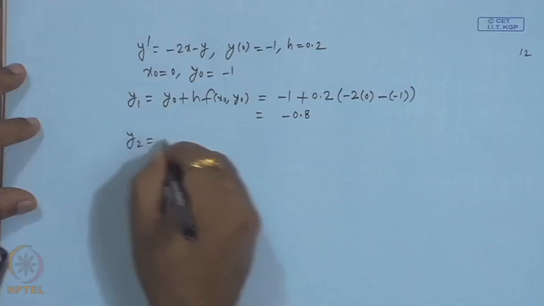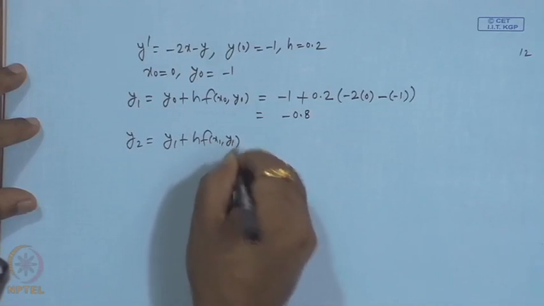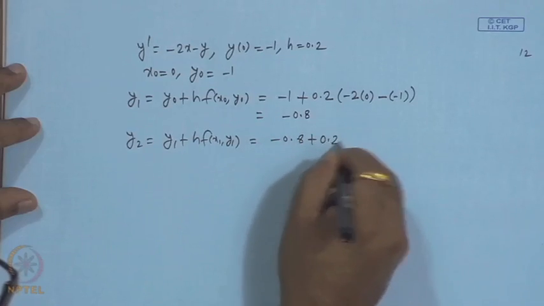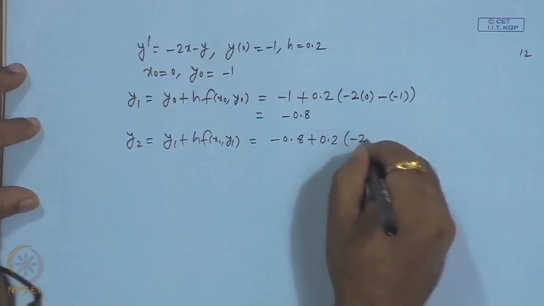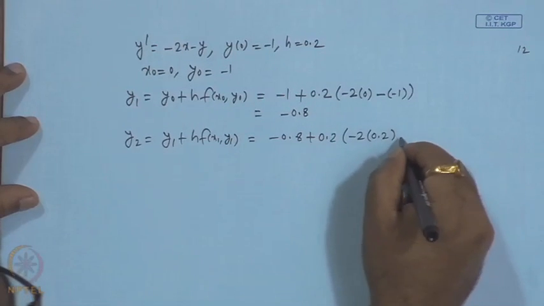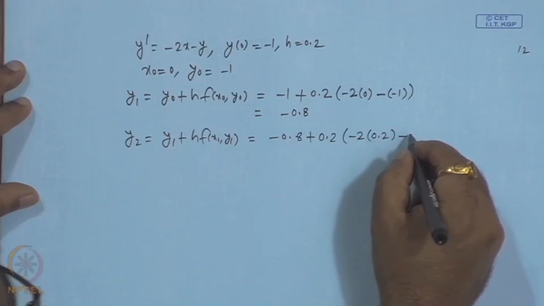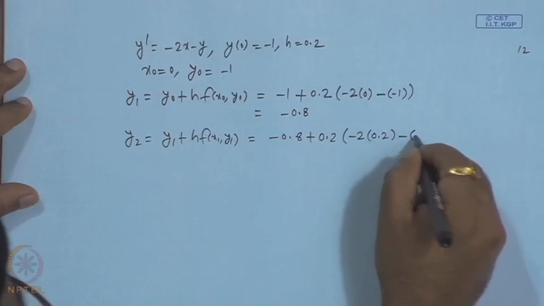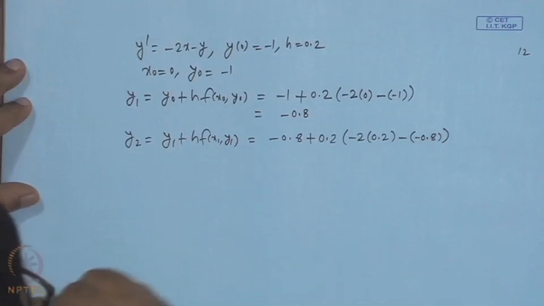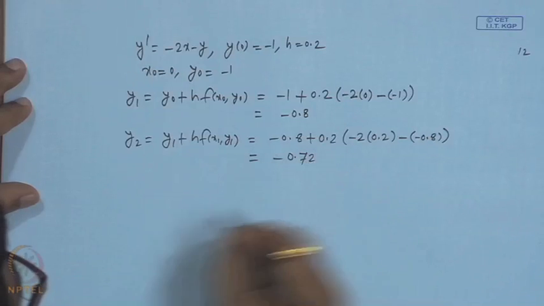Then y 2 is h times minus 2 x 1... So, this is minus 0.72.